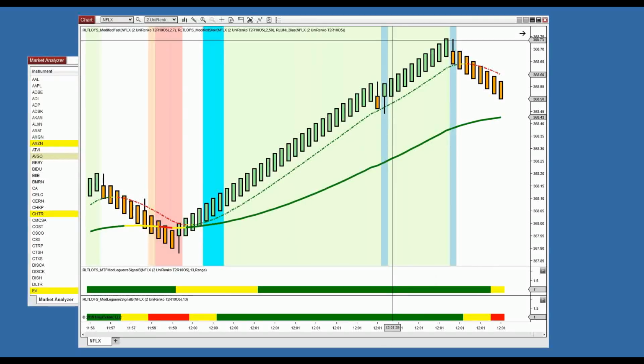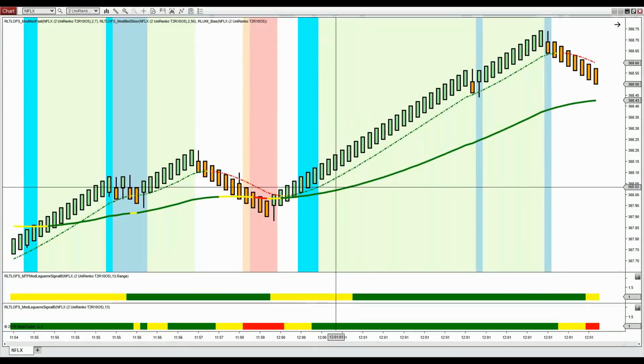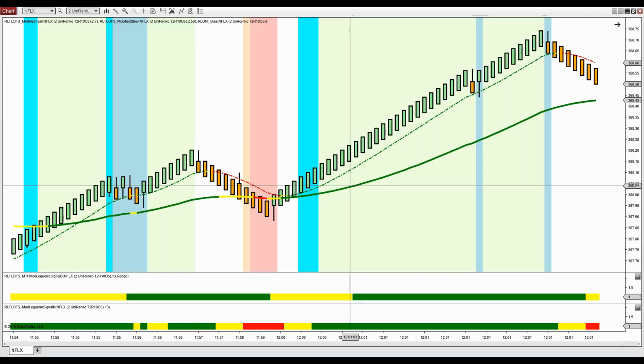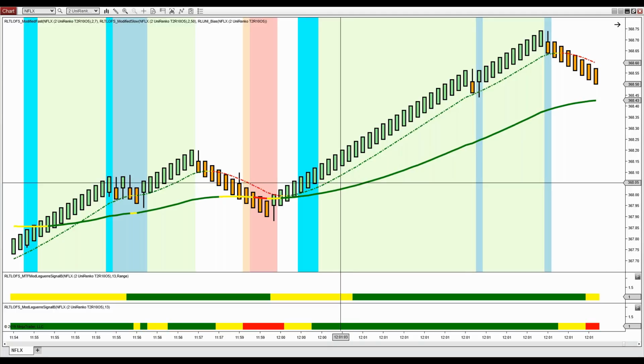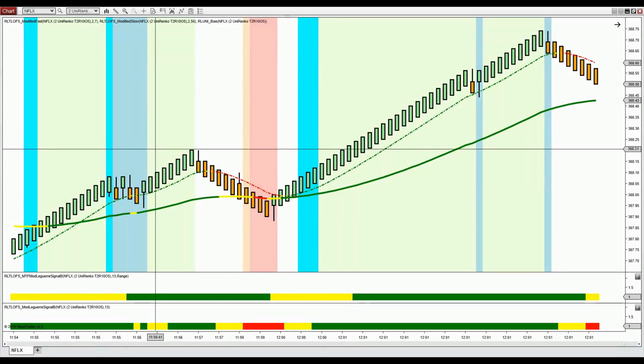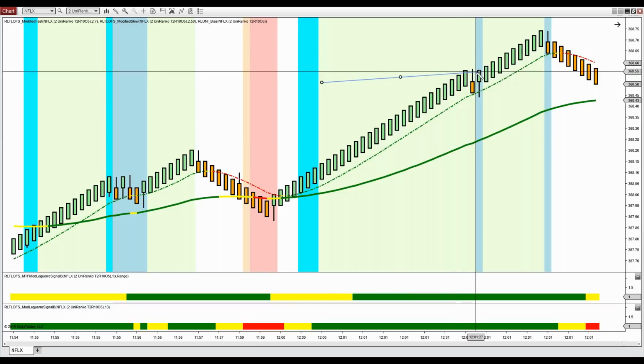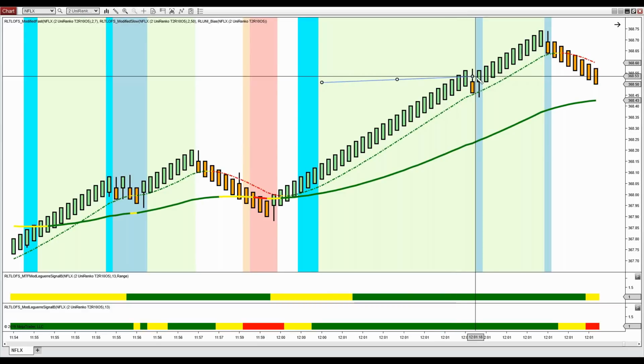Now, if we go back to the chart, there's one more parameter that has to be met before you can take a long trade. You must have a multi-time frame alignment and trend of the trading instrument that you're looking at. And this green background means that the 2 higher time frames are strong to the upside.